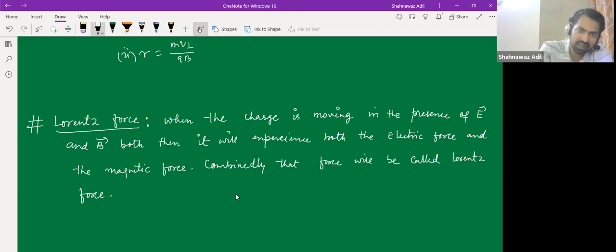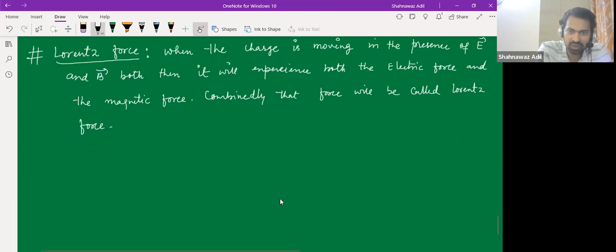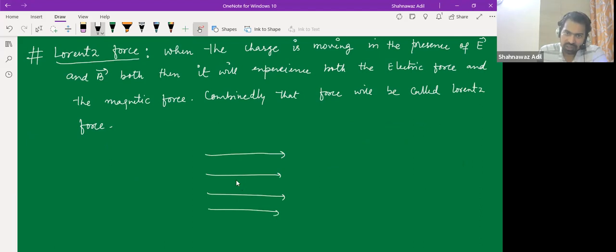If you guys remember, if we have this electric field and this is the charge, what is the electric force? Do you guys remember? What is the electric force on a charged particle in the electric field?